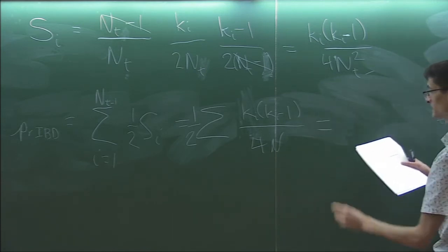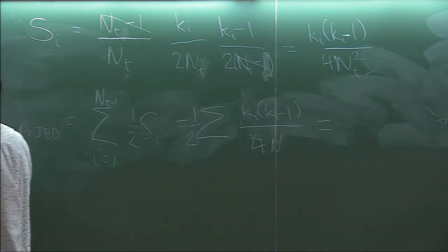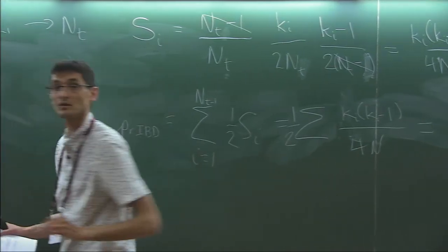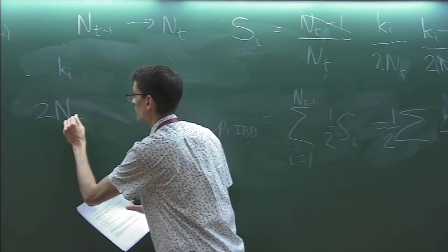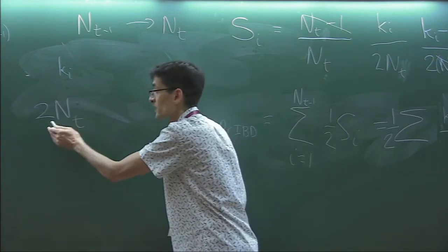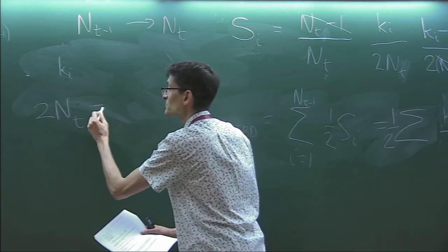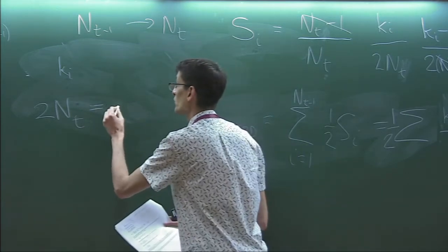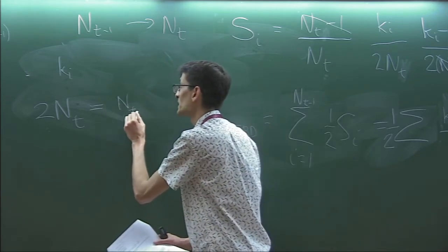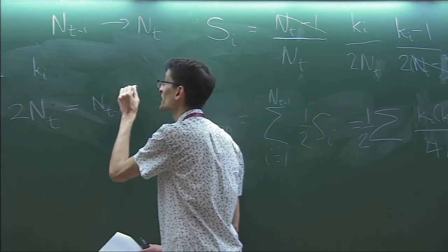Okay, this is where it's useful to note that the number of alleles in the current generation has to be equal to the number of parents in the previous generation times the average number of kids that they have.